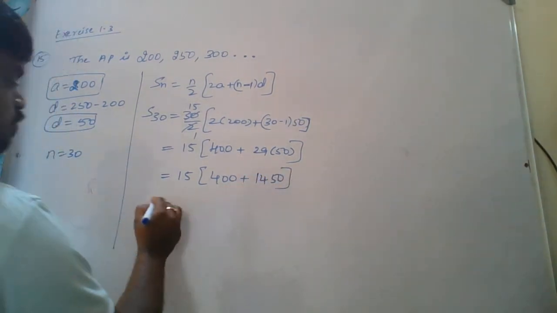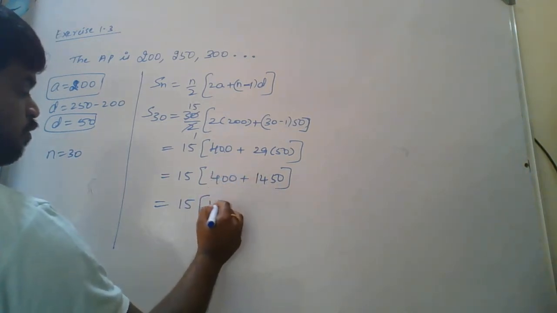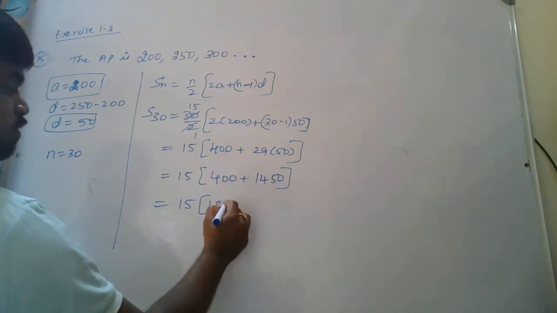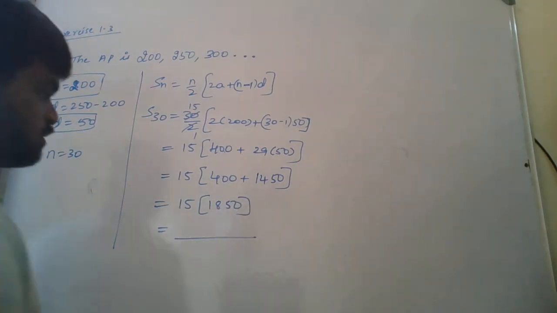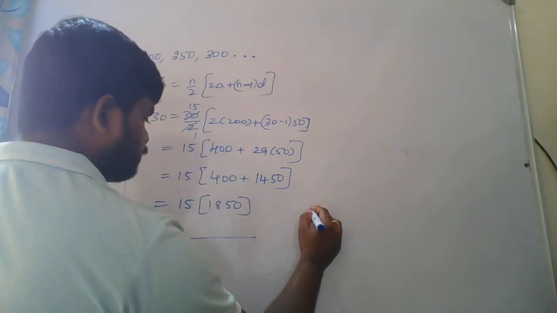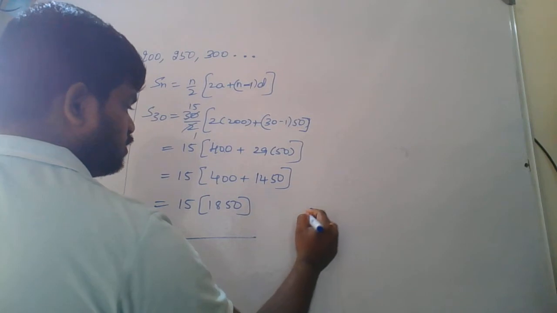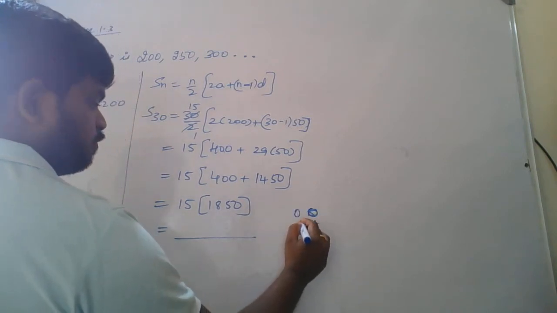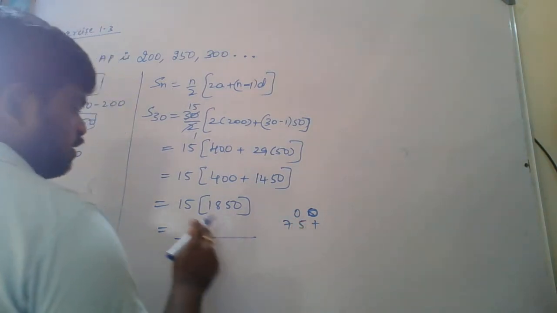So 1450 plus 400, 1850. If you multiply, you get the answer. So let's multiply it. 0 5s are 0, 5 5s are 25.